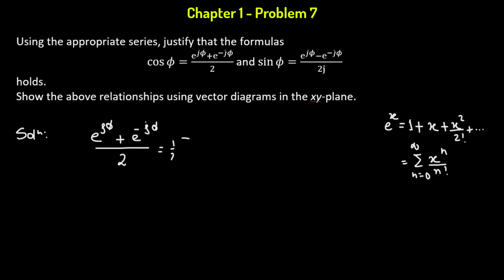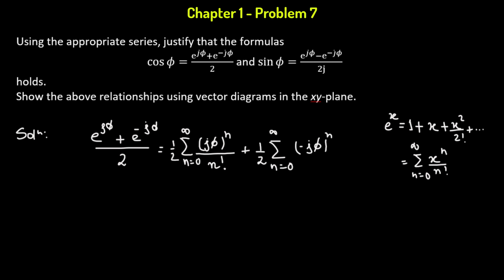So we have half times, e raised to the power of j phi can be written as summation n going from 0 to infinity of (j phi) raised to the power of n divided by n factorial, plus half of summation n going from 0 to infinity of (negative j phi) raised to the power of n divided by n factorial.